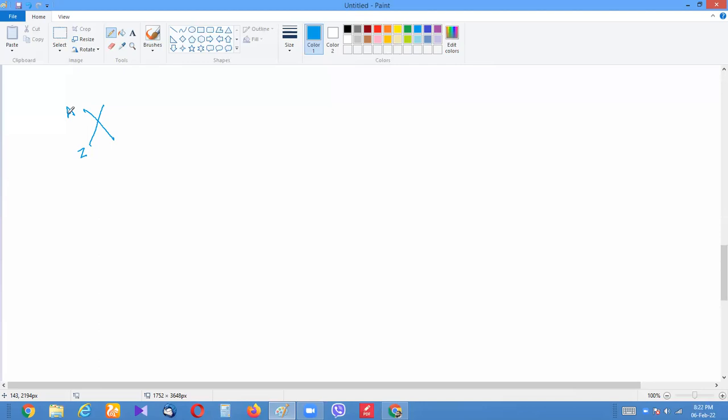Getting back to the next thing, in the nuclear notation, this is how we write it. X is the symbol of the element. In the lower left position, we write the atomic number, which is the proton number in the nuclide. A represents the mass number, which is the nucleon number of that nuclide. Nucleon number means the total number of particles in the nucleus, which includes both protons and neutrons. So A represents the number of protons plus number of neutrons within a nucleus.